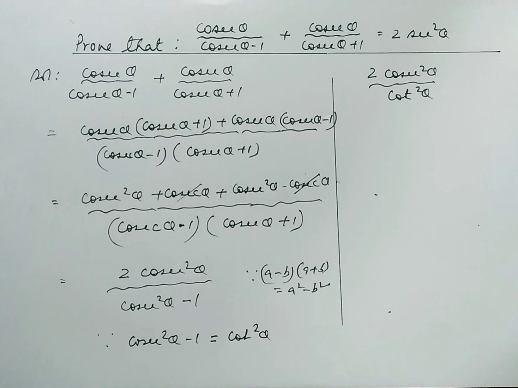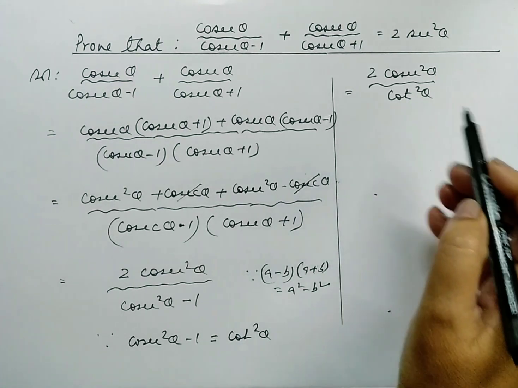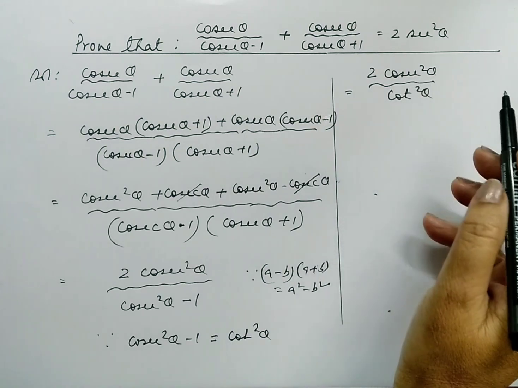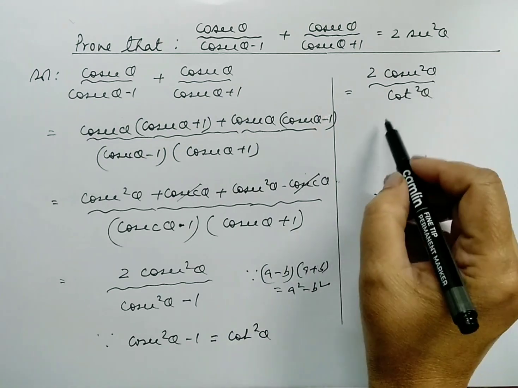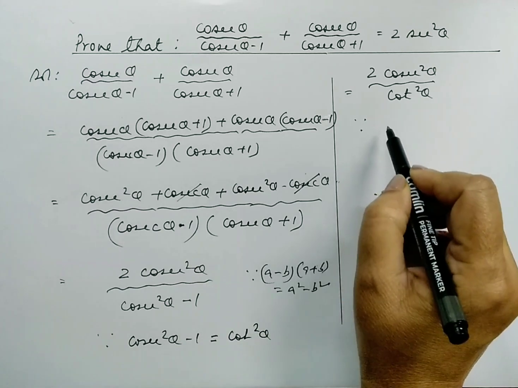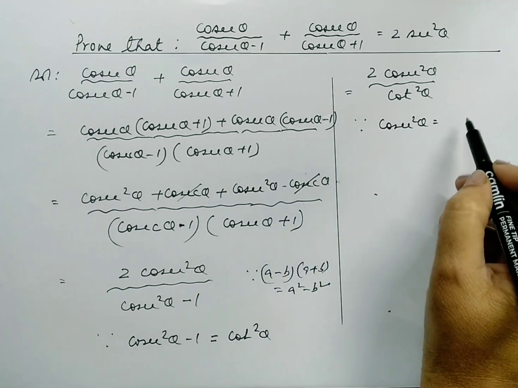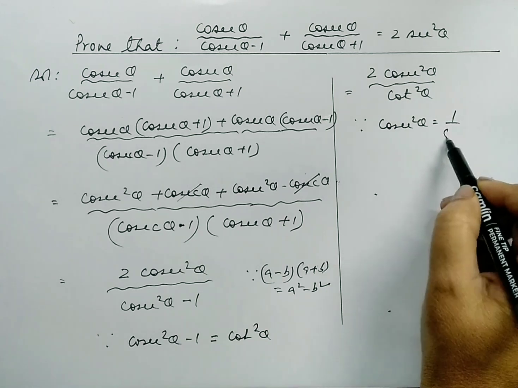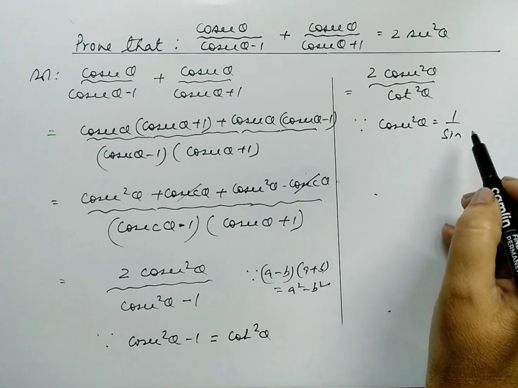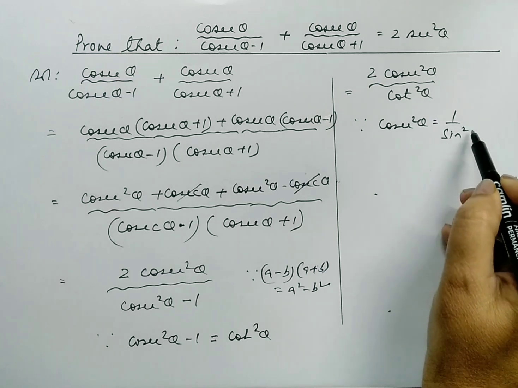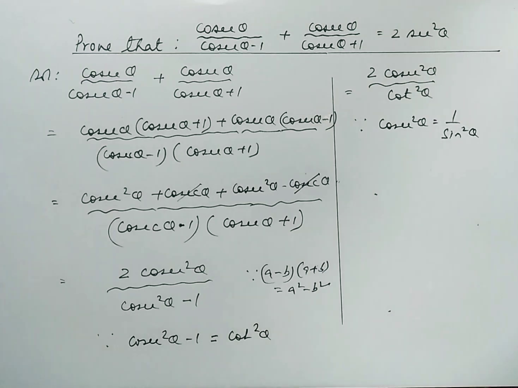Now, what next? We know that cosec square theta is equal to what? Since cosec square theta is equal to the reciprocal of sine square theta, isn't it?